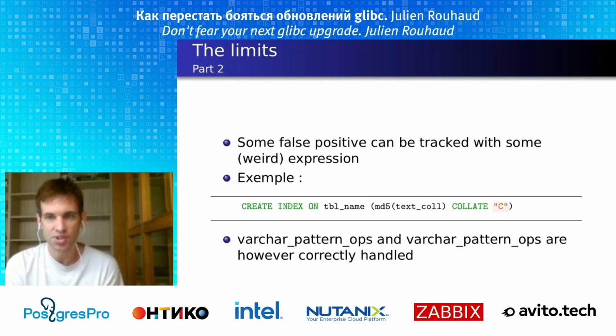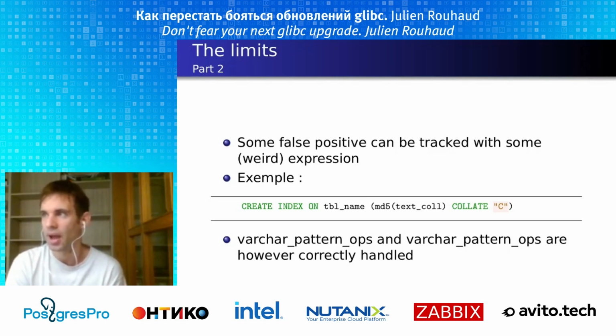There are also some other limitations. For instance, if your index contains some complex enough expression that uses collatable columns, but eventually doesn't really rely on the sort order for the resulting expression, Postgres will still track the dependency on the collation, even if technically any break in the collation wouldn't actually corrupt your index. Here you have a somewhat artificial example of such a use case.